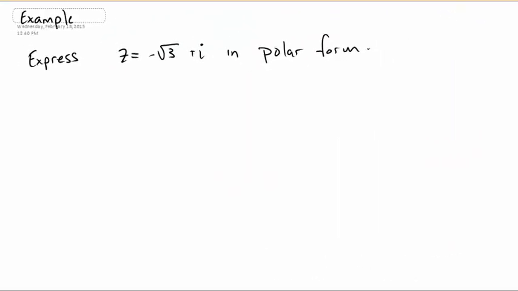So here is an example. We have a rectangular form complex number right here. There's z. And we want to turn this into modulus argument form or polar form. Well, how are we going to do that? I like to draw a picture. Here we go.